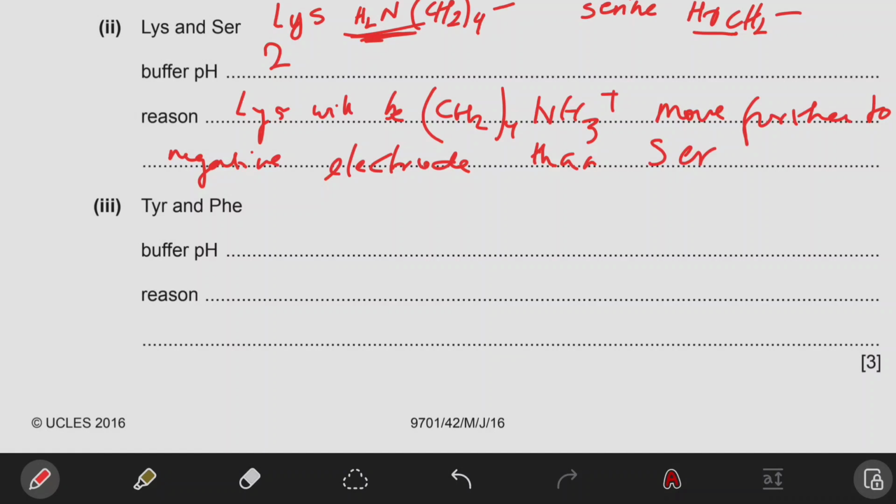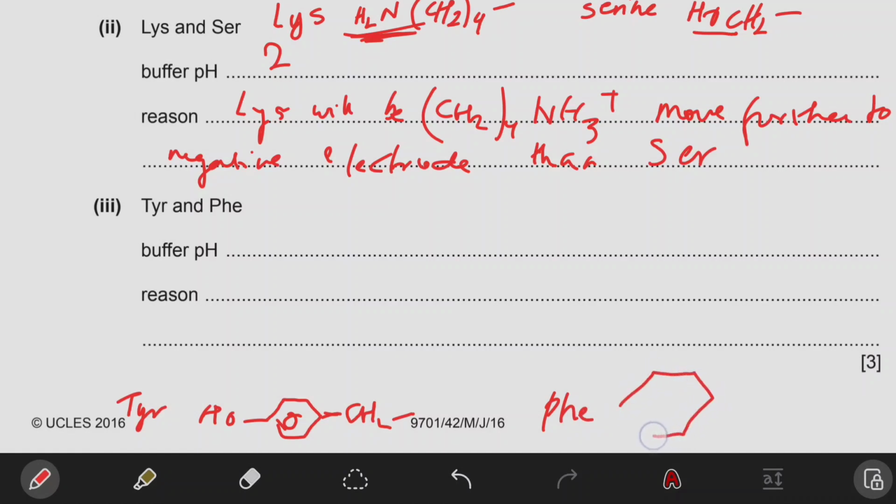Tyrosine, the side chain is okay. And for phenylalanine, it is CH2.